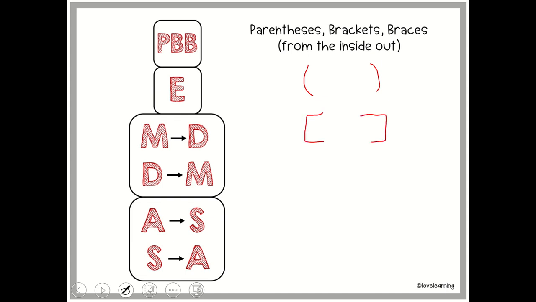And so you would have some kind of expression within those. So I could say like 4 plus 2. Or within the brackets, you could have like 5 minus 3 plus 1.